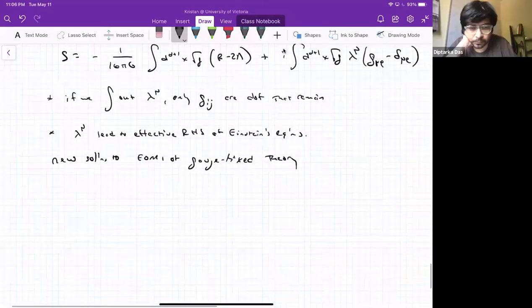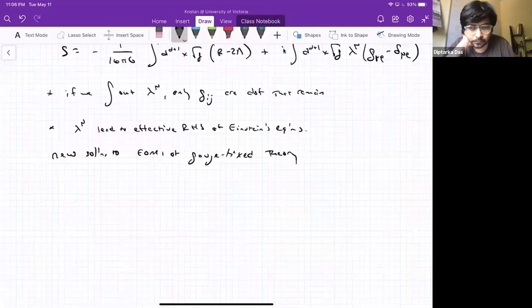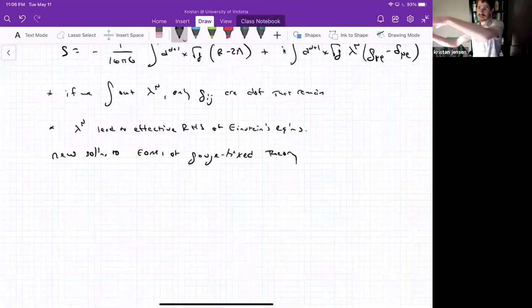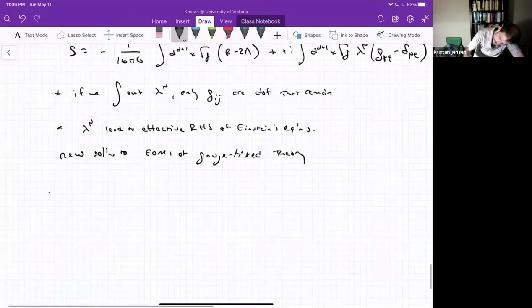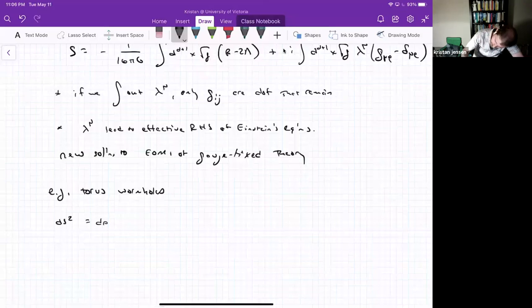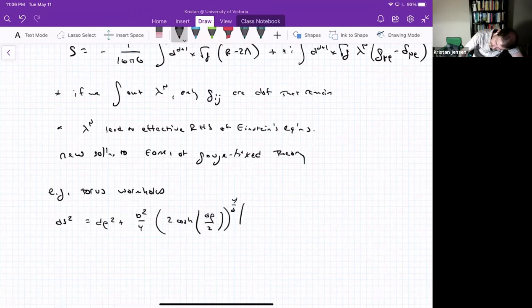So for instance, if we talk about wormholes where you have a torus cross-section, asymptoting between one torus on one boundary and a torus on the other, we can find a whole family of metrics of that sort, where the line elements look like this. They look like d rho squared plus a parameter. We can find these in any dimension.